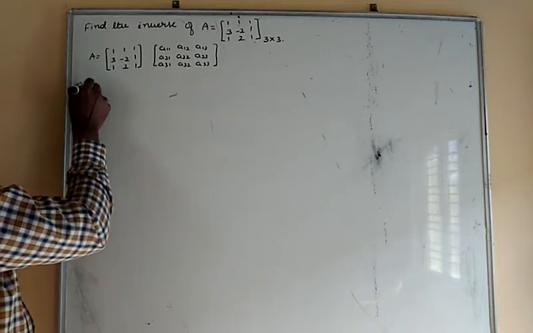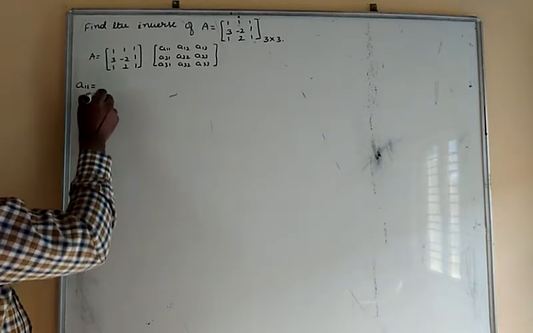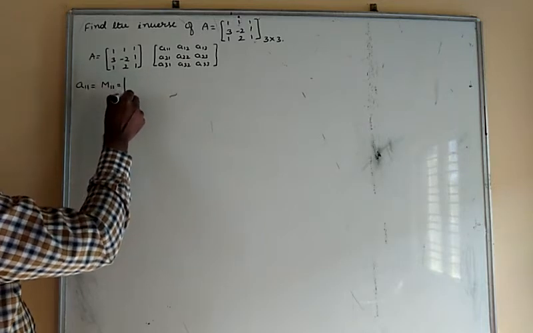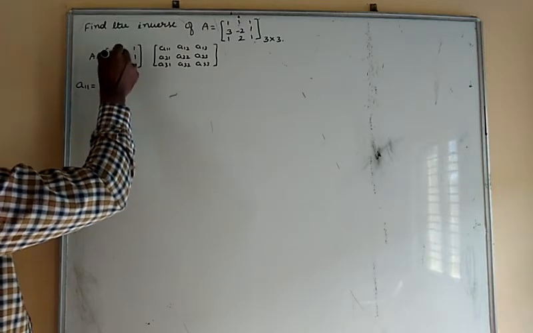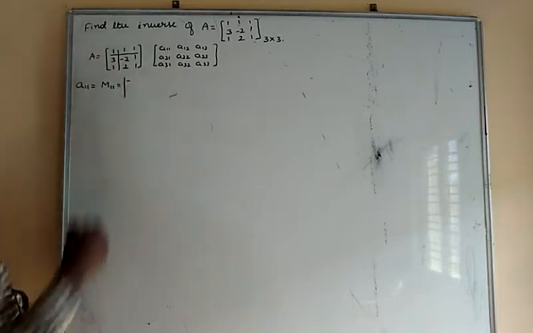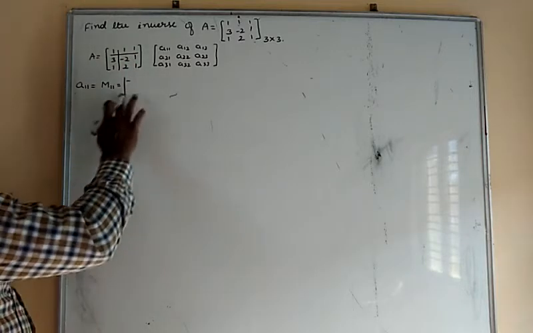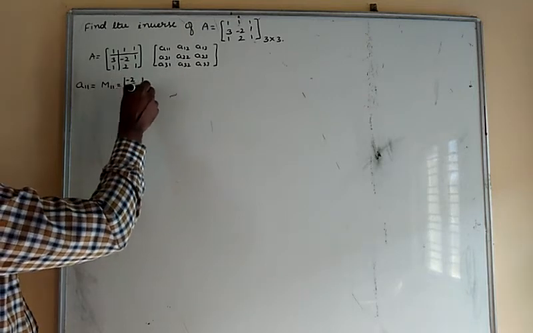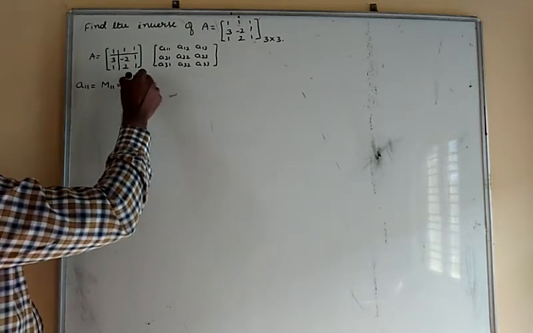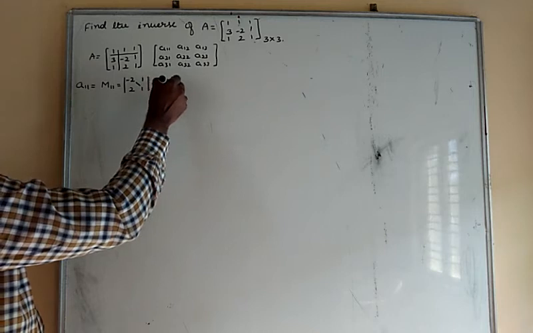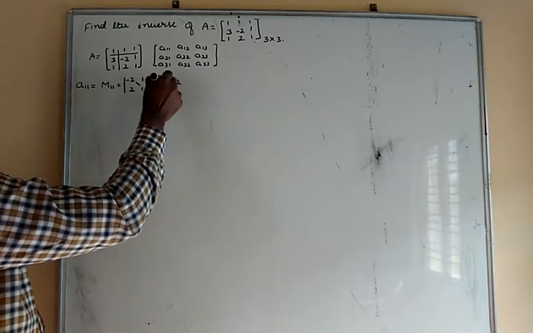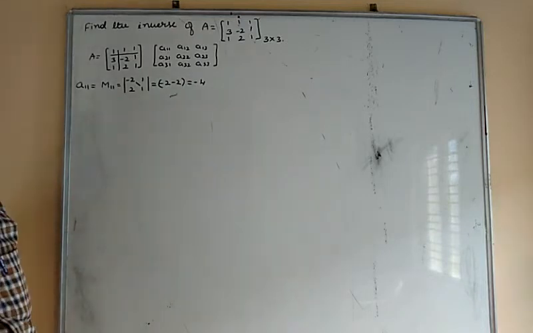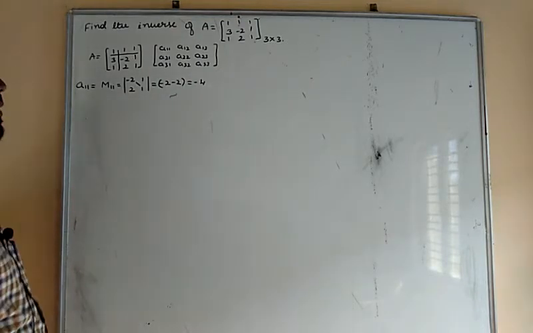Let us take A11. For the minor of A11, we have to leave the first row and the first column. What remains is minus 2, 1, 2, 1, so minus 2 into 1 minus 2 into 1, minus 2 minus 2 means minus 4. You are getting the A11 minor as minus 4.